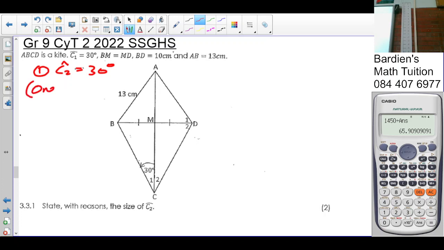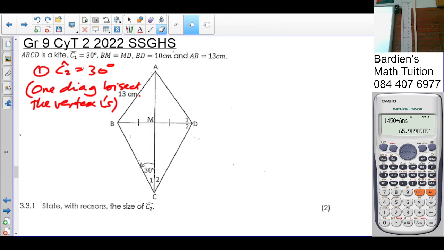One diagonal bisects the vertex angles. So one diagonal is bisecting the vertex angle. Okay. So that's the reason there. So now we put 30 degrees on the diagram.